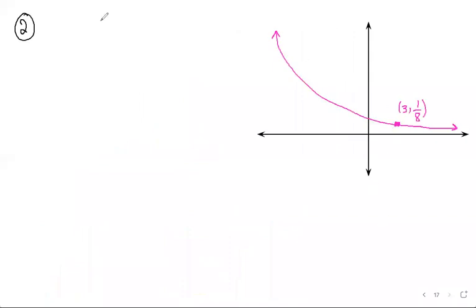For here, 3, they give me 1/8. So this means f of 3 equals 1/8. And my function is f of x equals a to the x. So you plug the 3 inside this function, f of 3 gives me a to the 3.